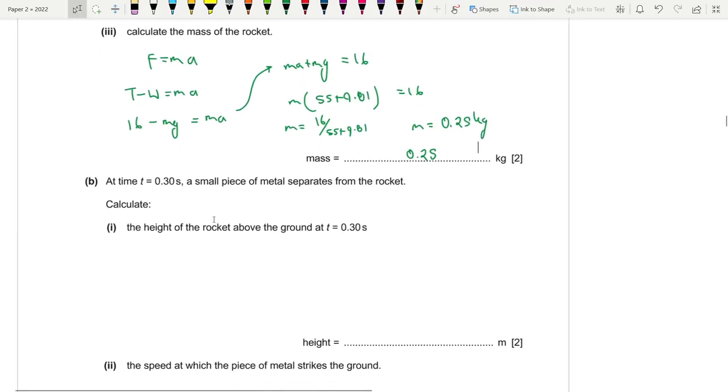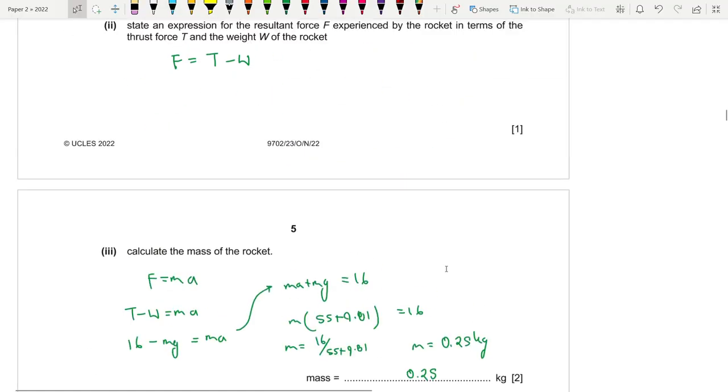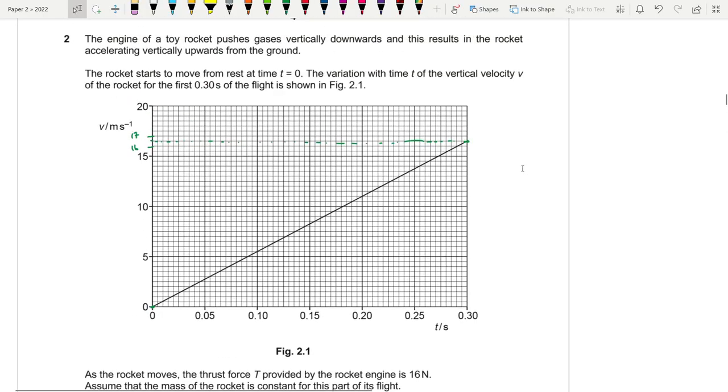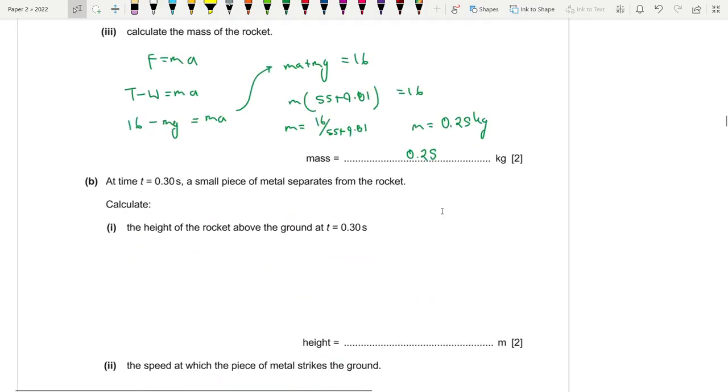Great. At time t is equal to 0.30 seconds, a small piece of metal separates from the rocket. Calculate the height of the rocket above the ground at time 0.30. So the area under the velocity time graph is actually your displacement moved.